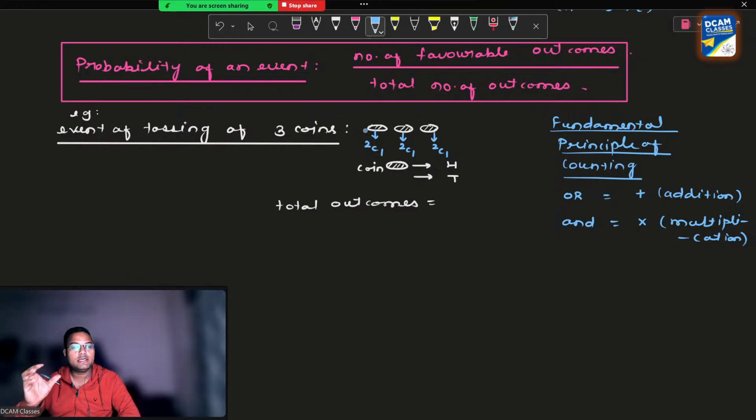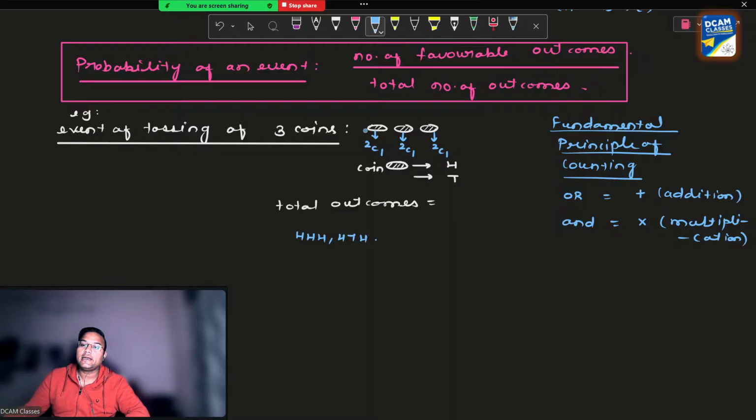Because I am counting the event of tossing 3 coins, my outcomes will be like head, head, head, or head, tail, head, and so on. So the total possible outcomes are 2C1 into 2C1 into 2C1, that is 2 into 2 into 2, so total outcomes will be 8.